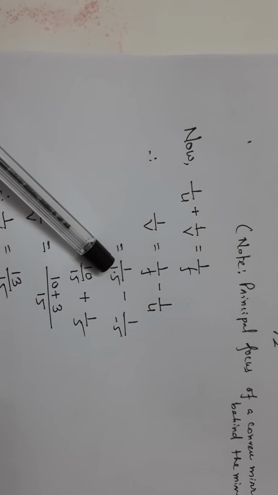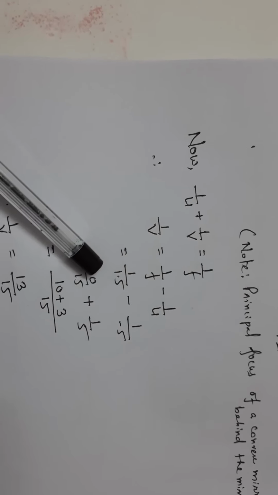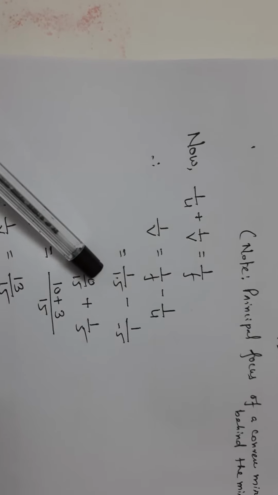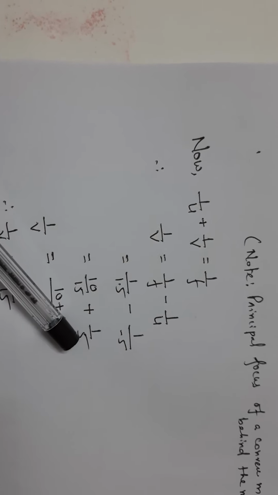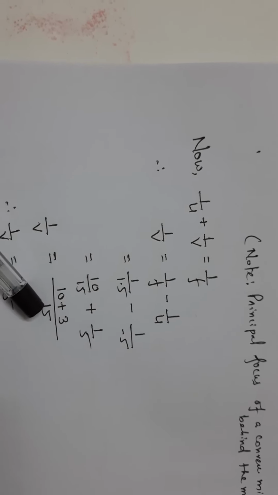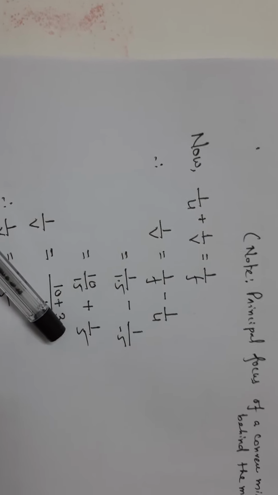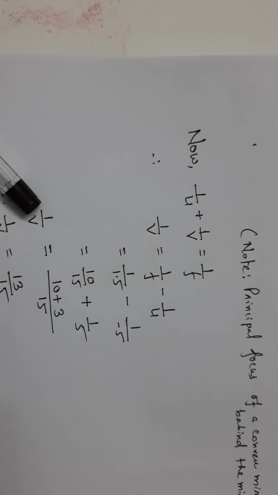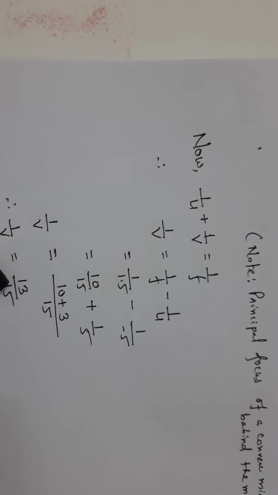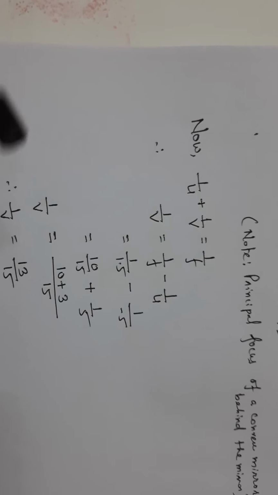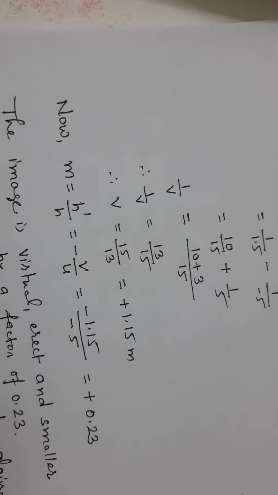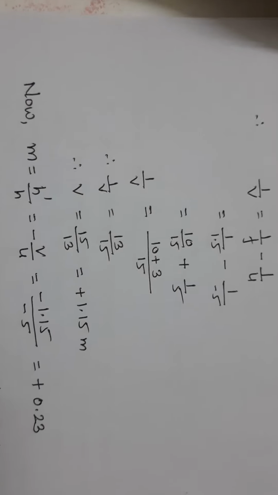In the denominator it is 1.5, we can write it as 10 upon 15. So it is 10 upon 15 plus 1 upon 5. If I take LCM to be 15, we get 10 plus 3. Thereby 1 upon v is equal to 13 upon 15. Now here v is equal to, because if 1 upon v is 13 upon 15, v will be the inverse of 13 upon 15.